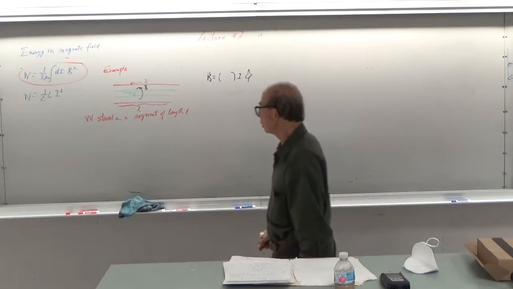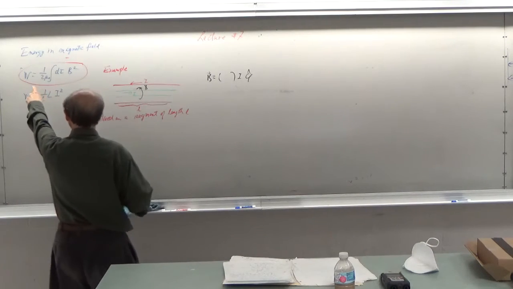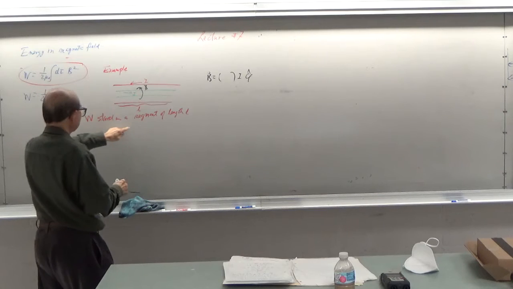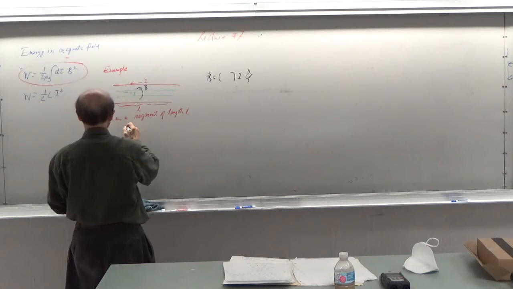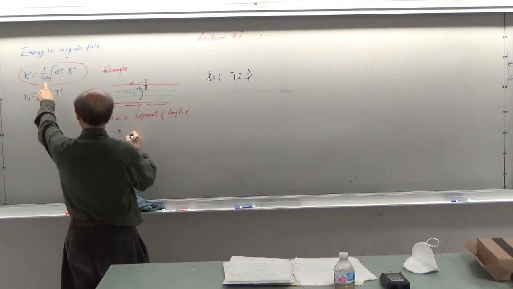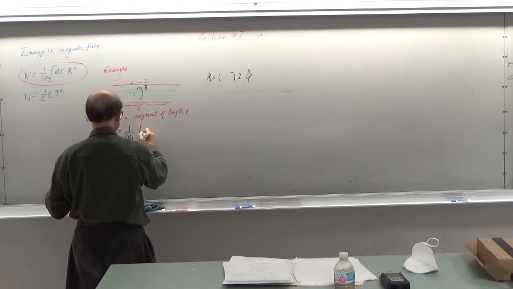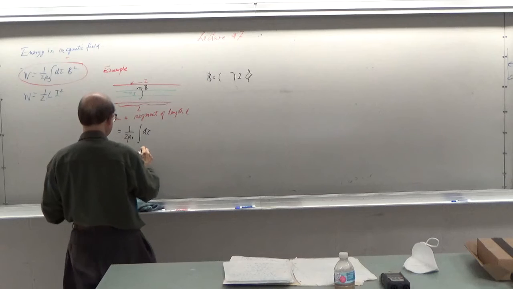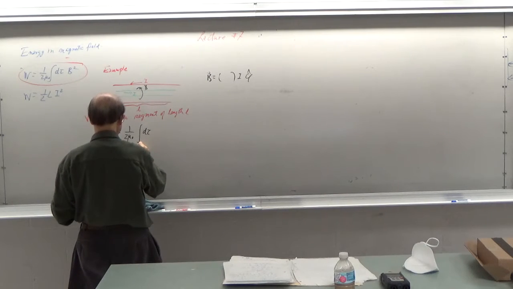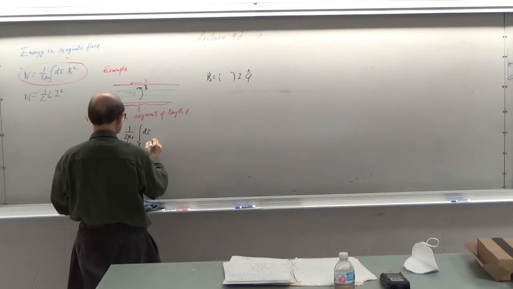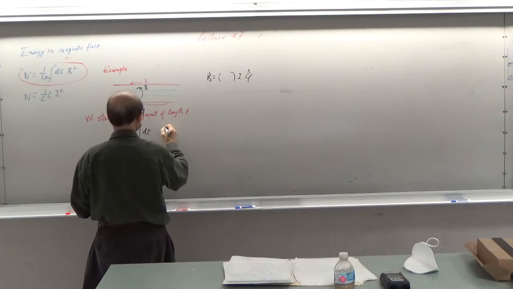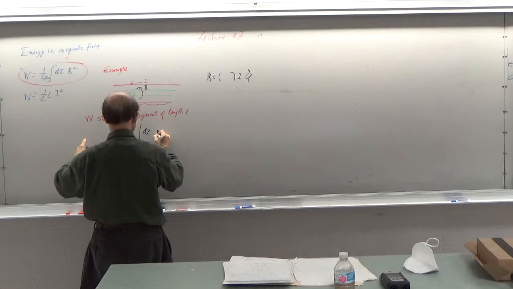All right? So to find the energy stored in a segment of length L, you only have to plug in this formula, 1/2 mu naught times the volume integral, for a segment of length L, times B squared.